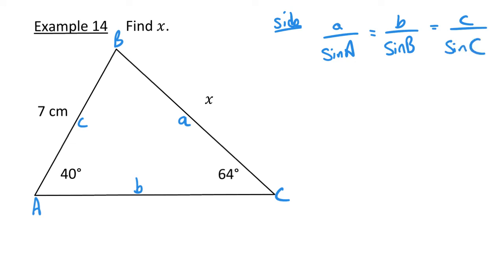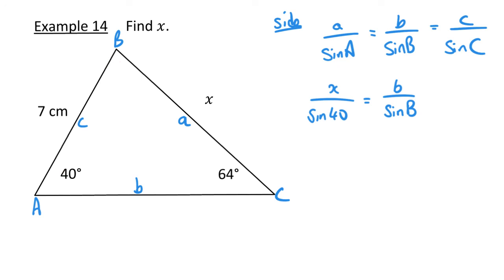So if we fill in the information, what we've got is a is x and angle A is 40, so it's x over sine 40 equals, well, we don't know side b and we don't know angle B. Now we could work it out if we needed to, because the three angles in a triangle, so 40, 64 and angle B add up to 180.